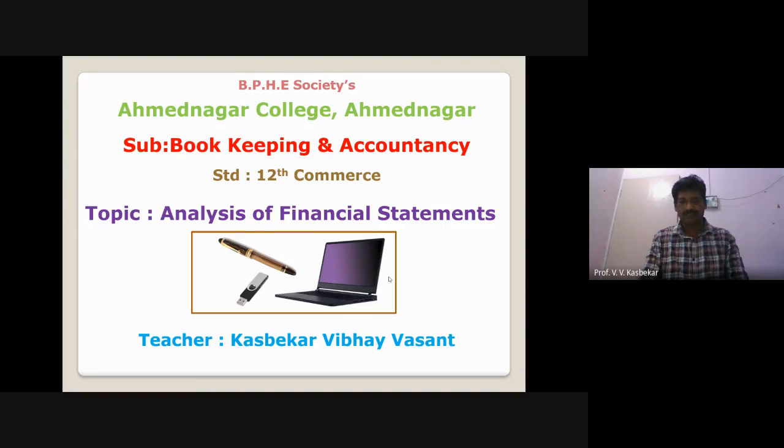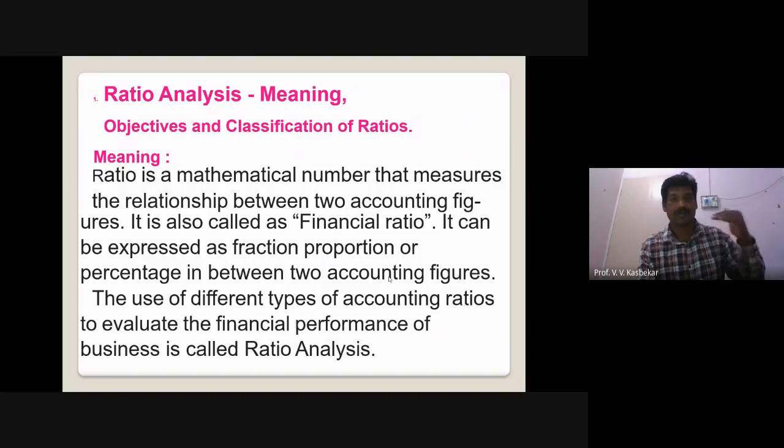In some previous lectures, we have studied how to analyze the statements, how to compare the statements, how to prepare comparative statements. Then in the last lecture, we started with the various ratios, that means ratio analysis.